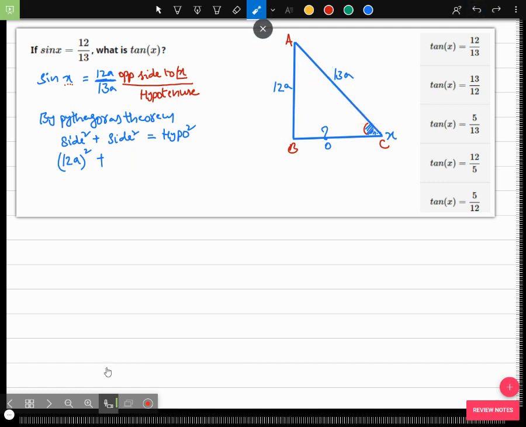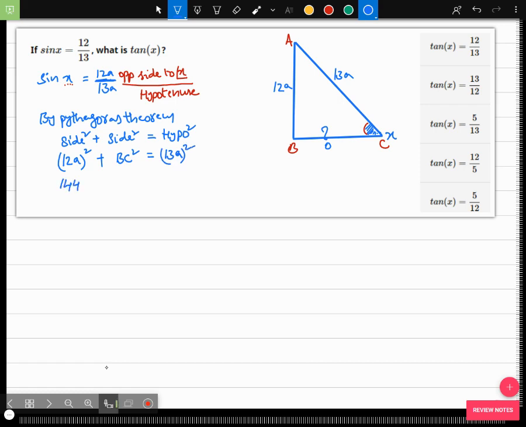So let me take the other side, which is BC squared. We don't know it. Then the hypotenuse goes here, therefore hypotenuse means 13a squared.